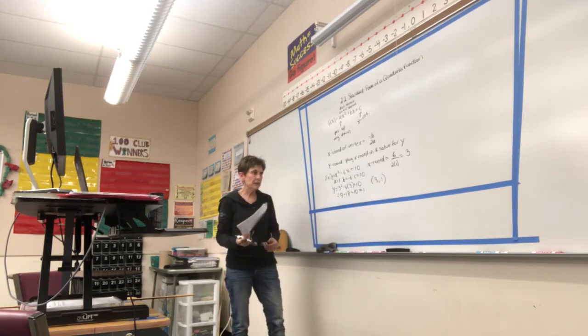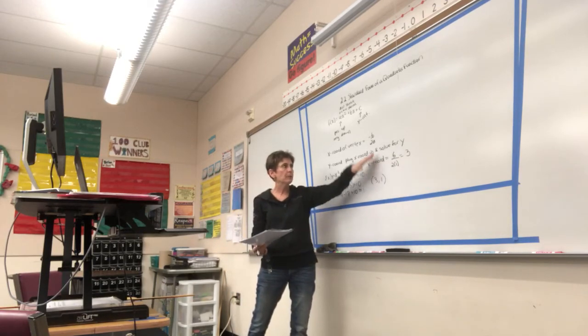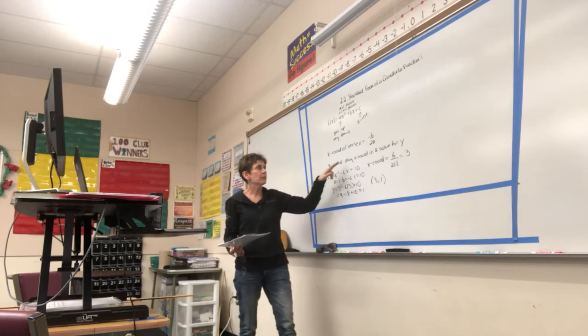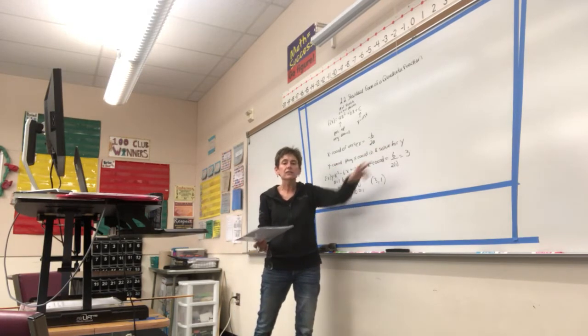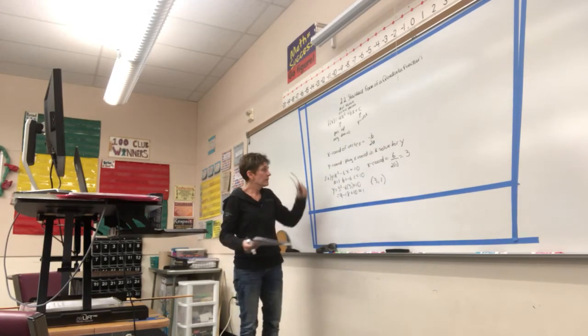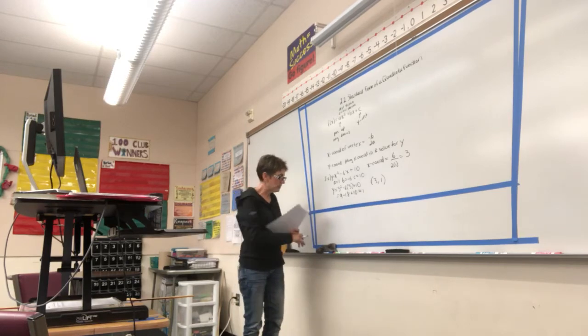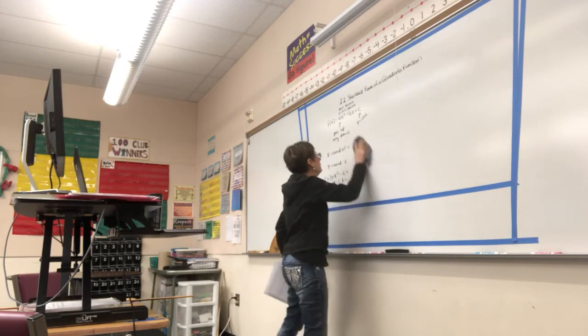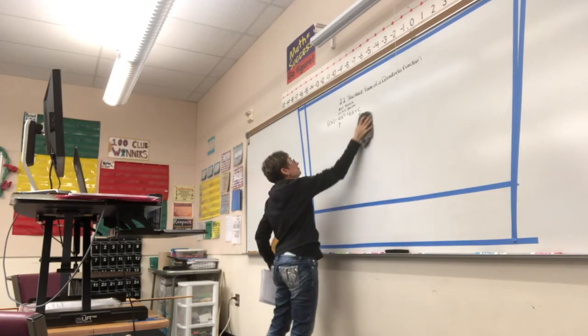We used 2 steps: we got the x-coordinate using negative b over 2a, and then we plugged the x-coordinate in and solved for y. So that's a fairly straightforward example of how you would find the vertex of a parabola written in standard form.